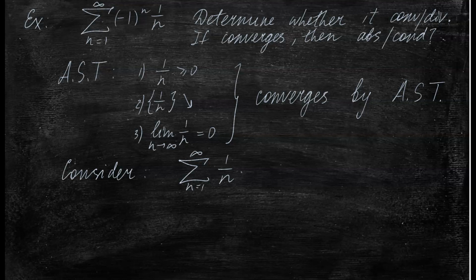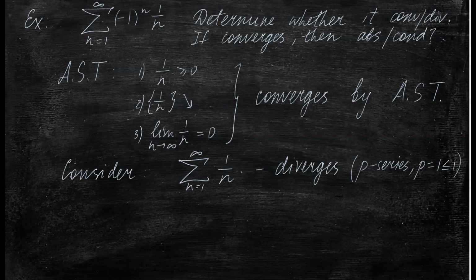Now, as you recognize this series, it diverges. Well, an easier way, I guess a more formal way of justifying why it diverges is to say that it's the p series with p equal to 1, which is less than or equal to 1.